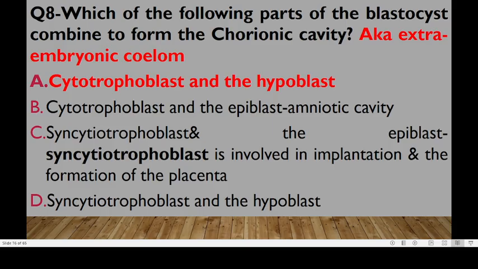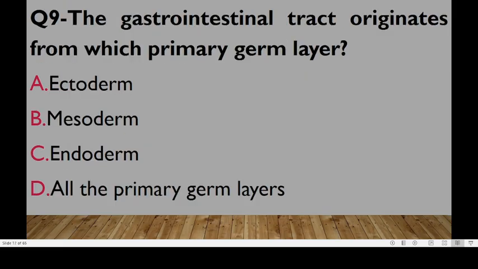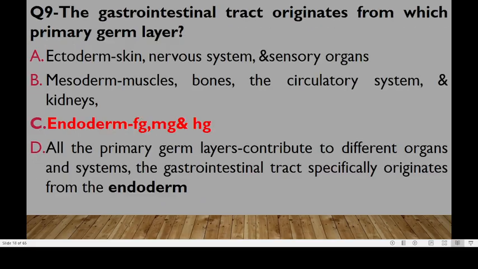And options C and D have the syncytiotrophoblast. Syncytiotrophoblast is involved in the implantation and formation of the placenta. So that makes C and D wrong. The best option is cytotrophoblast and the hypoblast, which are the ones involved in the formation of the chorionic cavity. Gastrointestinal tract originates from which primary germ layers?